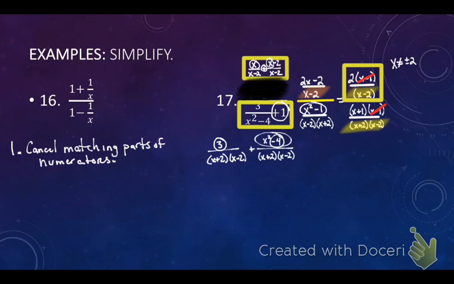So if the first thing I did was cancel matching parts of the numerators, what do you think step 2 is going to be? Cancel matching parts of the denominator.